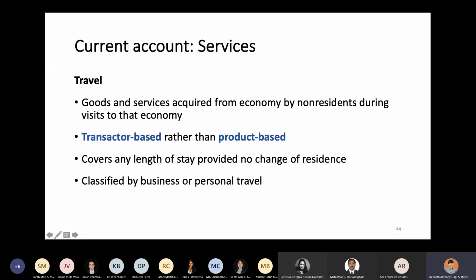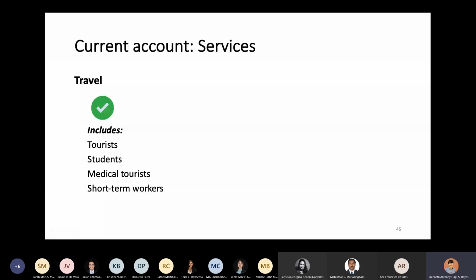This travel category may be confused with the tourism satellite accounts. There are some things that this category includes, but the tourism accounts exclude.